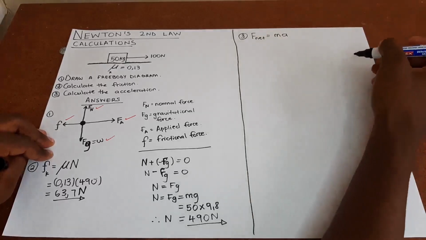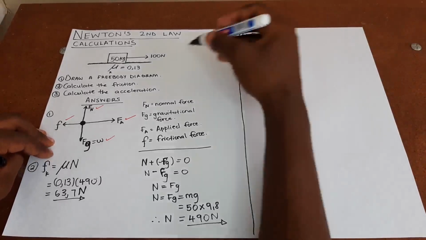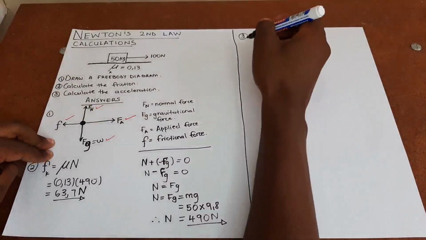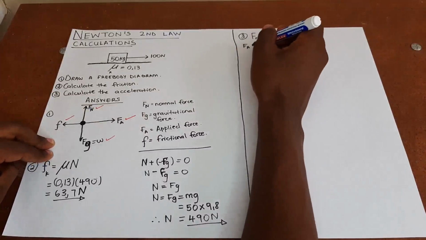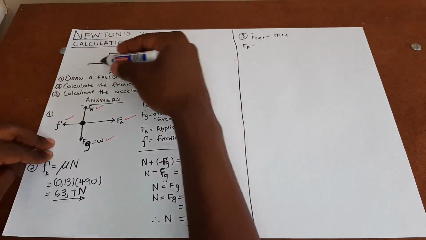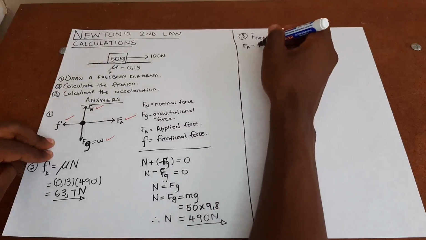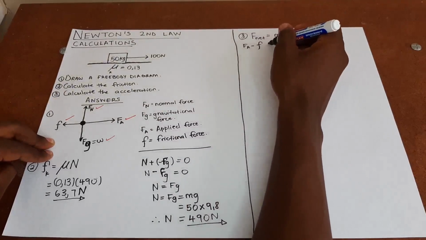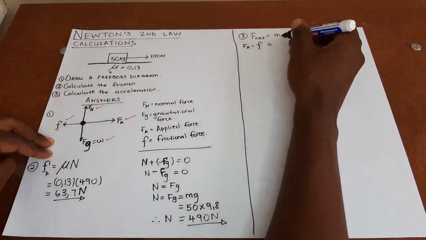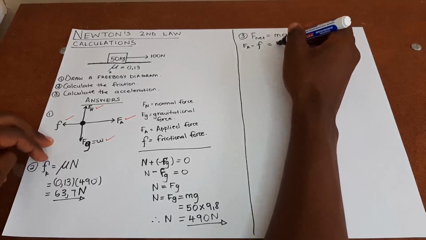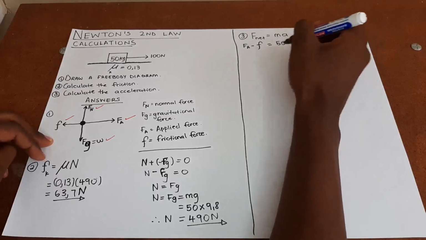So what are the net forces acting on that object? There's the applied force, Fa, minus the kinetic frictional force opposing the motion. This is equal to the mass, 50, multiplied by a.